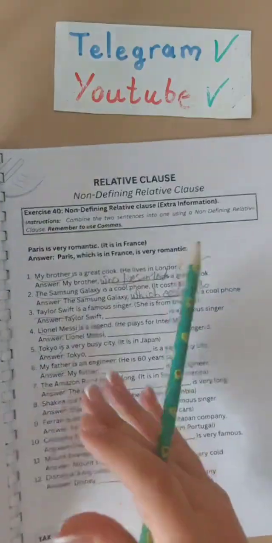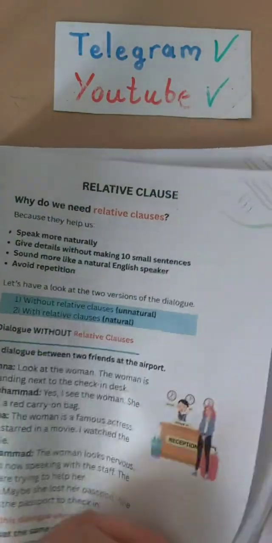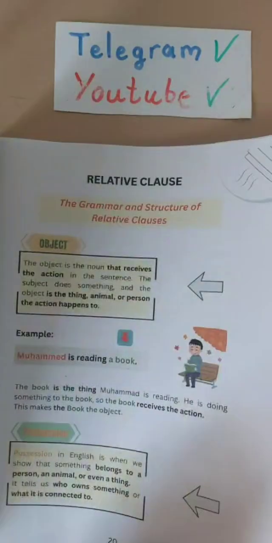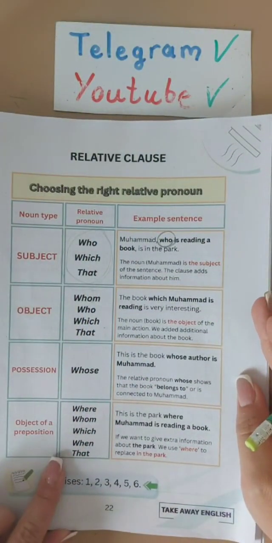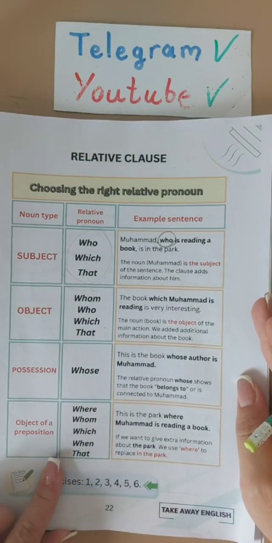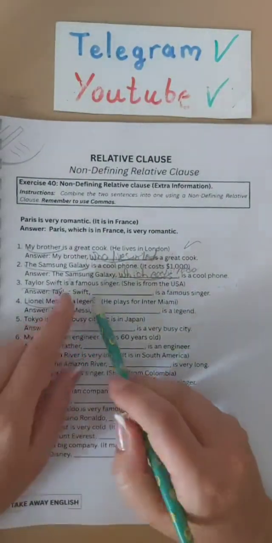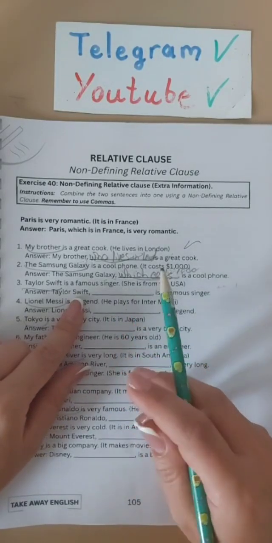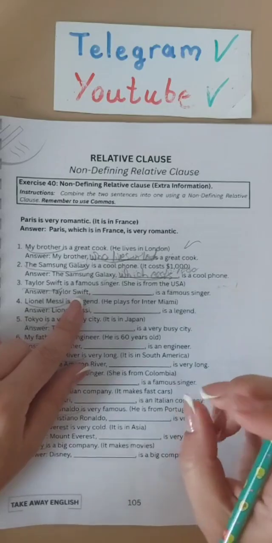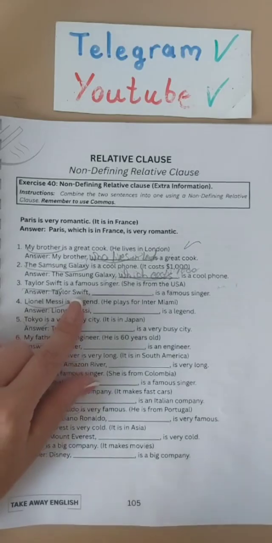Only the relative words we have here. You can only use these relative words. So again, Taylor Swift, who is from the US. Thank you, Luna, Cleopatra, Amel.